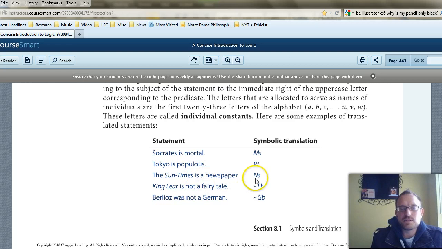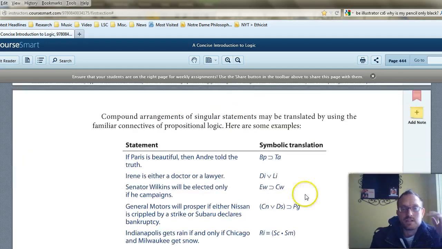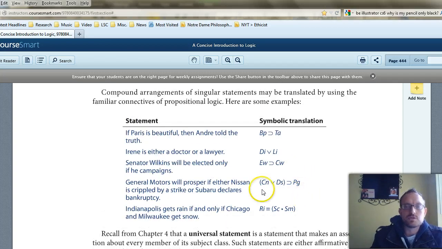The Sun Times is a newspaper, NS. King Lear is not a fairy tale. See, they actually give a negation here. If you deny a predicate, then you place the negation in front, so you get not FK. And then Birlos was not German, that's not GB.